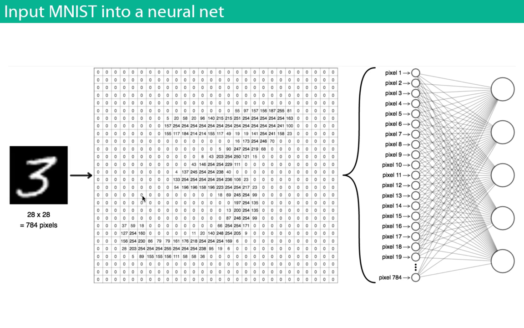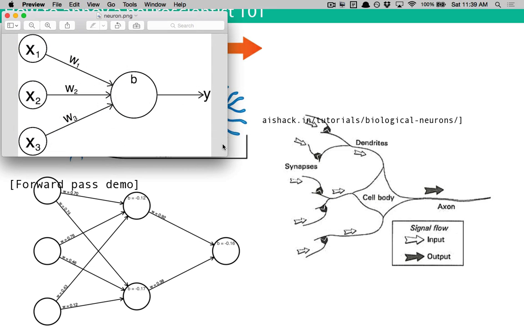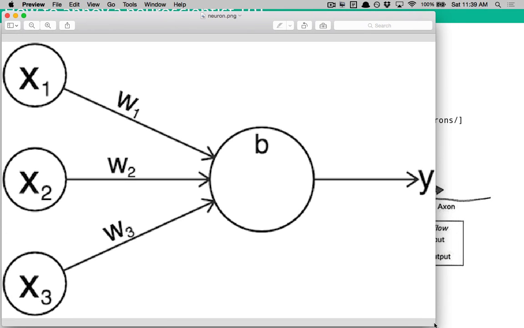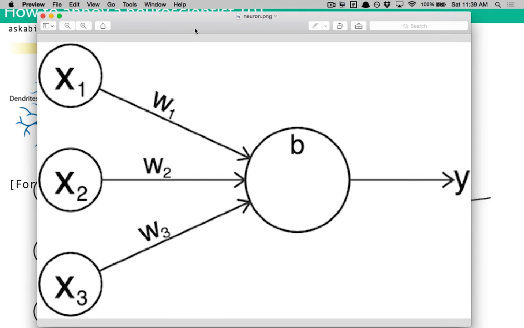So let's look at this thing here. This is better. This is the building block of a neural network. This is a neuron, and it actually is incredibly simple. The way that neural networks and most machine learning algorithms are able to create such compelling and interesting and dynamic behavior is that we have millions and millions of these, and you can create a very dynamic system by combining them.